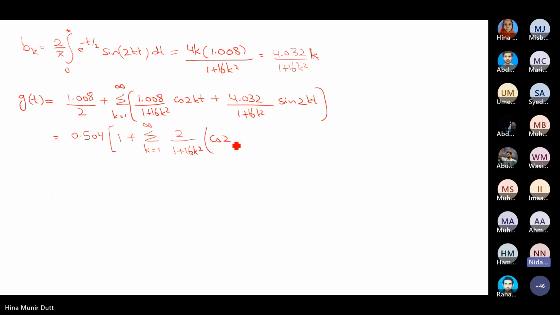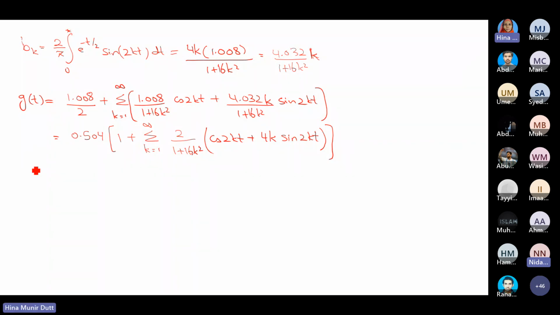Plus this 4.032 is 8 times 0.504, so already I have taken this one, 4k sine of 2kt in this and this. So this is my trigonometric Fourier series.